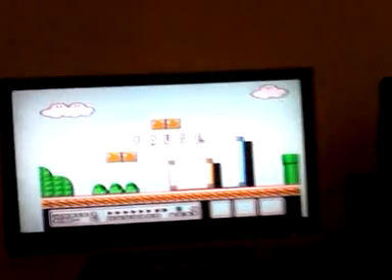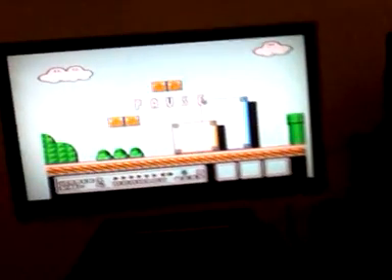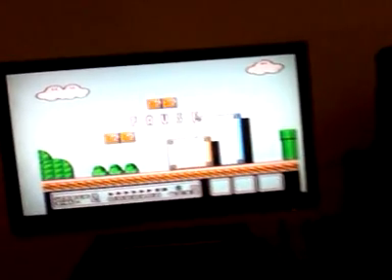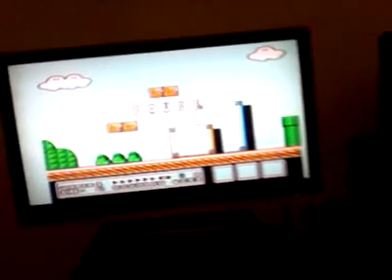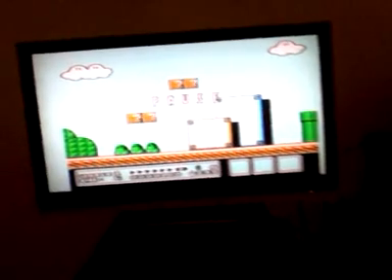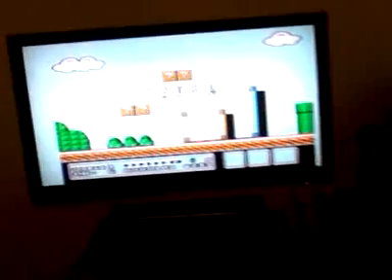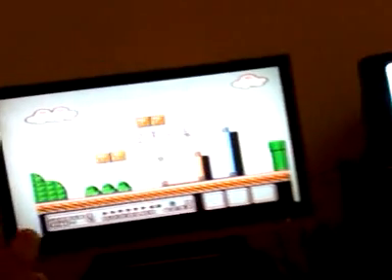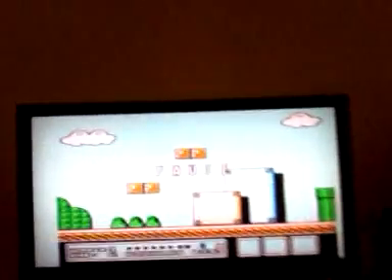And as a result, it looks like mud. And that's a shame, because HDTVs were supposed to do this. They were supposed to take that resolution and display it properly.